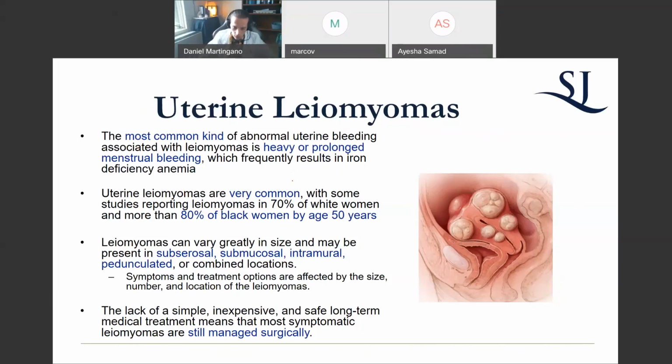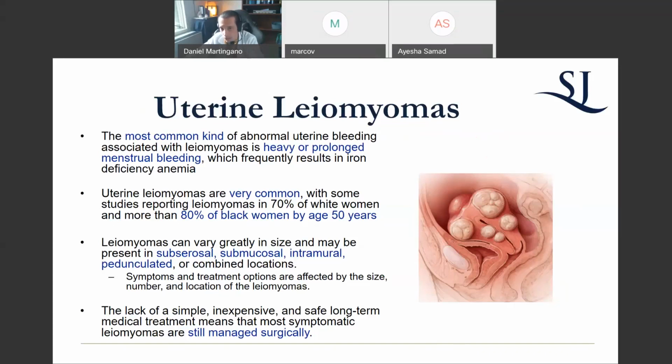A lot of times our patients, if they don't follow up, they end up getting dizzy or something like that, and they end up in the ER and then needing transfusion due to their fibroid uterus here. It's important to know that these are benign tumors, and you want to think of them like that, okay?